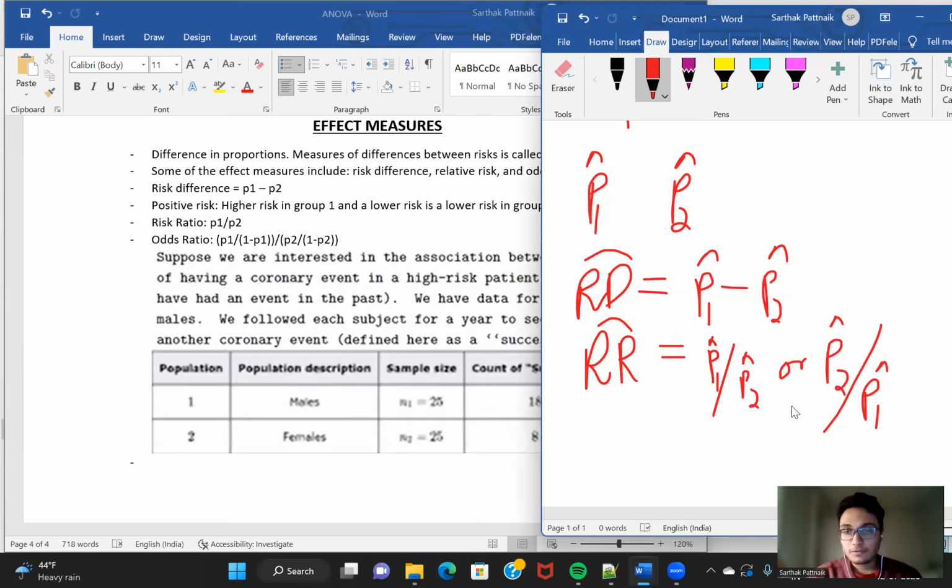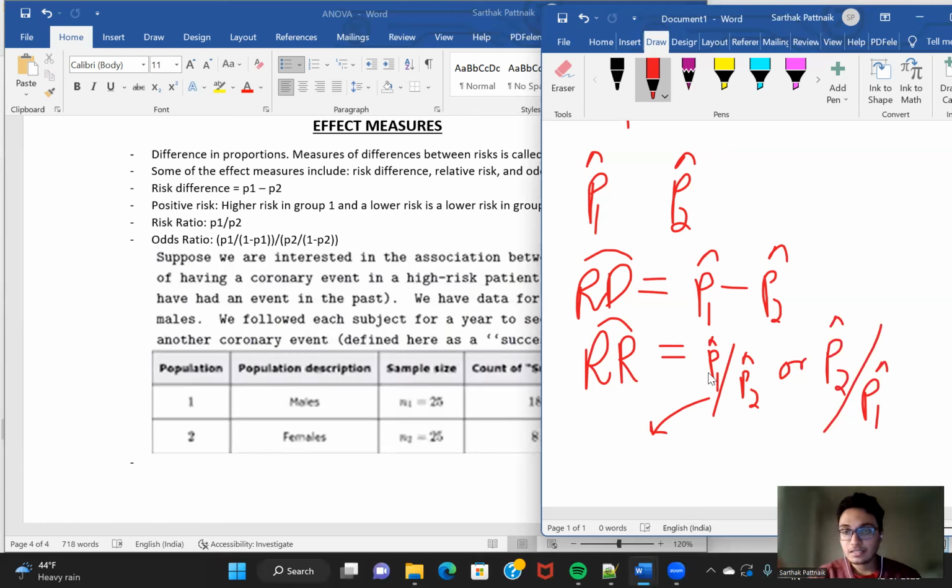Now here's the difference. If I consider P1 by P2, and let us suppose it is greater than 1, then it means that there is more risk in P1 than in P2.